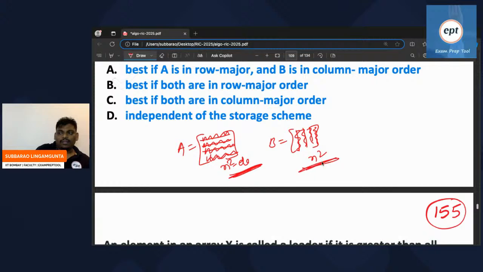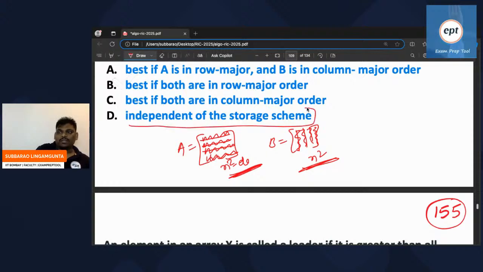So in my opinion, the time complexity of multiplication of two matrices is independent of the storage.